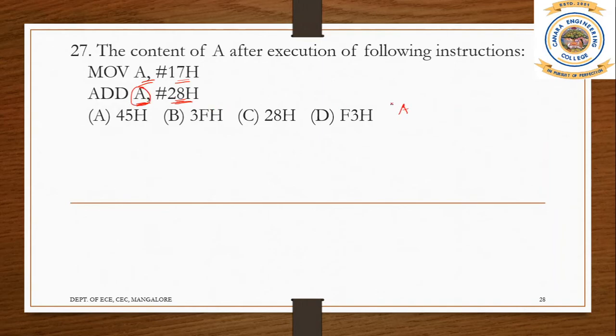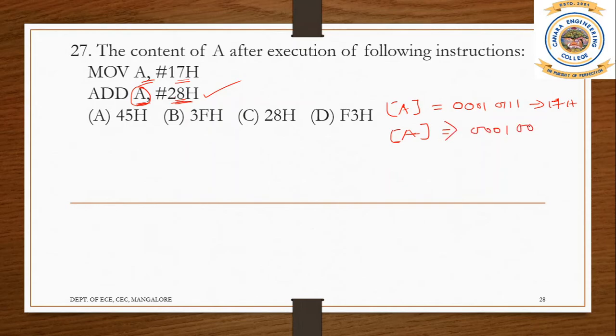So initially I will have 17H in the accumulator. In binary that is nothing but 0001 0111, right? I have this in the accumulator. Next I am saying add this number with 28H and update the accumulator. After the execution of this instruction, let us see what will be the content of the accumulator.